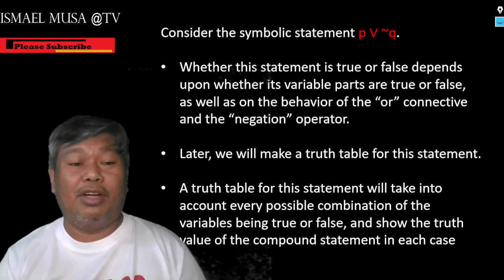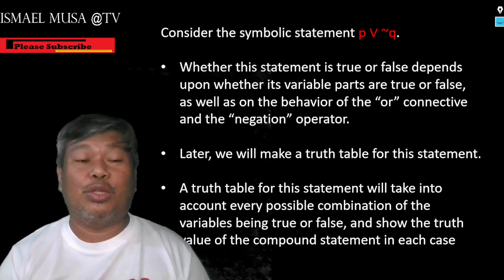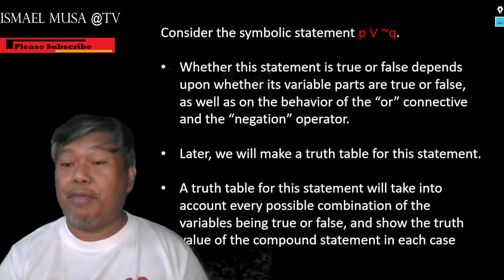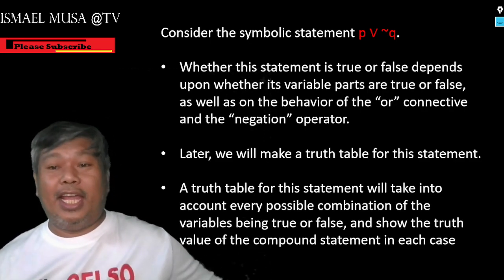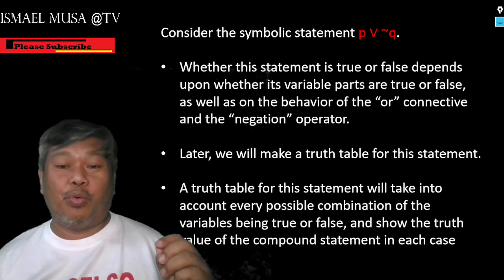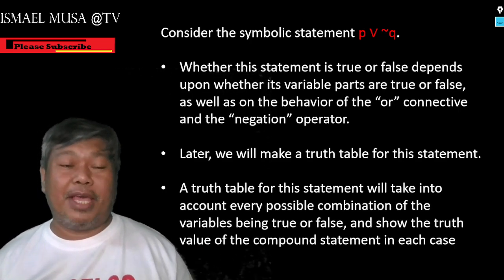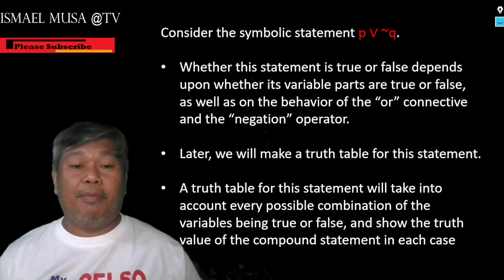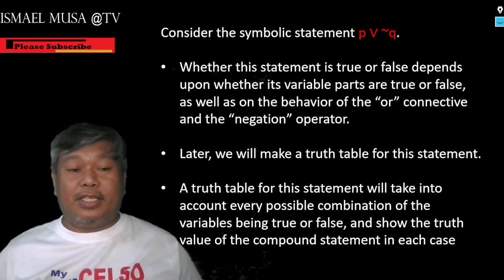A truth table for this statement will take into account every possible combination of the variables being true or false. Again, for P, we can assign a truth value. So, per single proposition, we have two possible truth values, true or false.